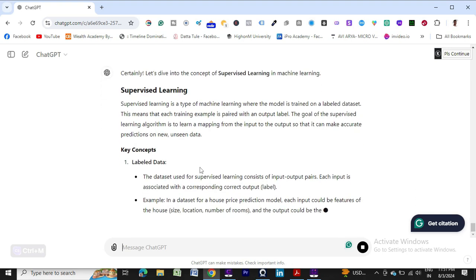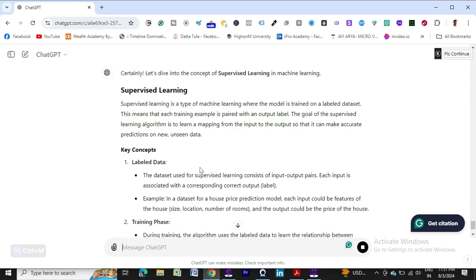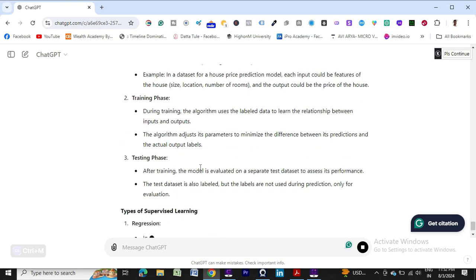It will provide detailed information about machine learning. It will be quite a broad answer. For information purposes it is good, for research purposes it is good, but if you want some specific output, in that case you need to modify that prompt.